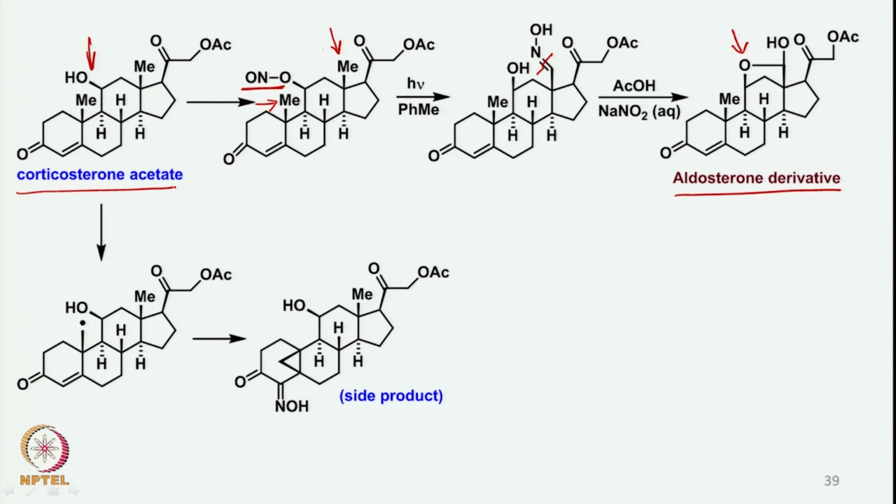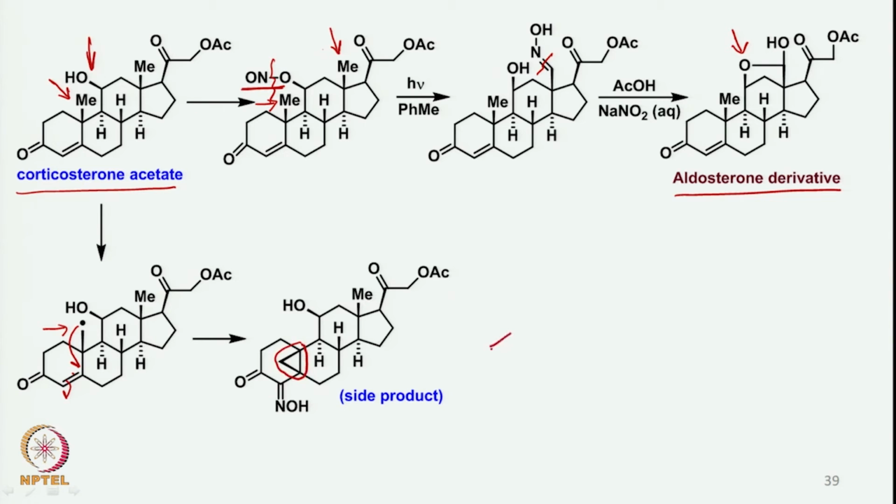On the other hand, if this particular oxygen radical, which is formed from the cleavage of this oxygen nitrogen bond, abstracts from this particular methyl group here, it leads to radical formation on this particular methyl carbon, and interestingly, that can undergo attachment to this carbon, and this can move to this carbon, forming a 3 member cyclopropane ring and a radical on this carbon.